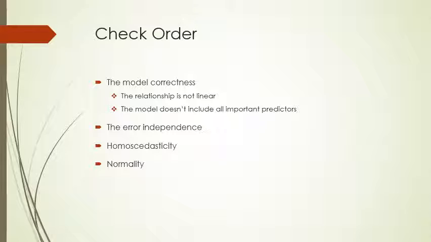The discussed linear regression assumptions should be checked in order according to their importance. The model structure should be the first to check. If the model structure is wrong, then the inference will be inaccurate.